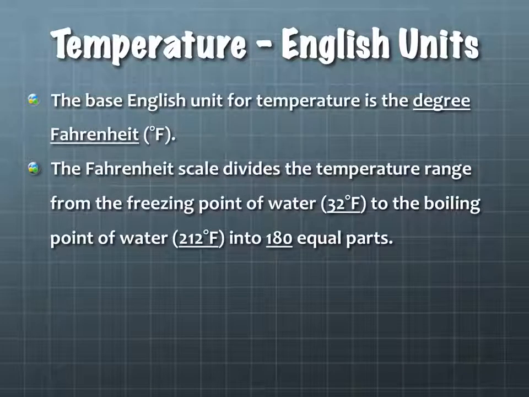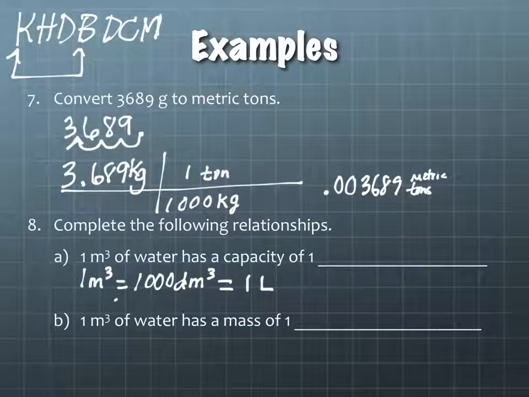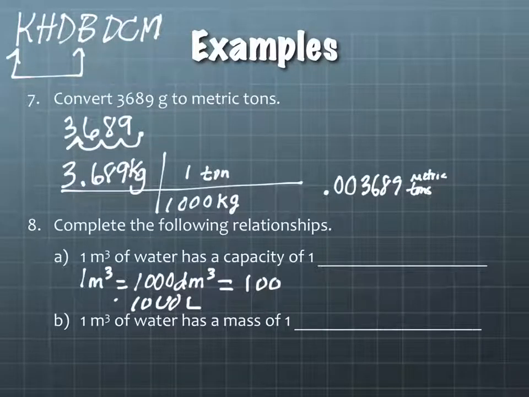Oh, I'm sorry, I wrote that too quickly. 1 decimeter cubed is equivalent to 1 liter. So since this is the same as liters, the same relationship would follow, 1 to 1, so this is 1,000 liters. And 1,000 liters is the same thing as 1 kiloliter. So this is 1 kiloliter of water.